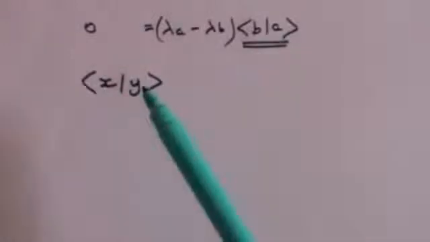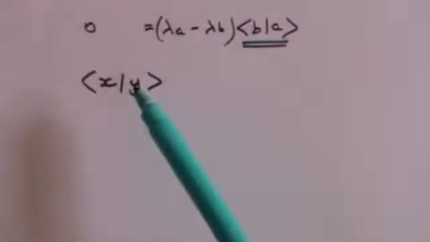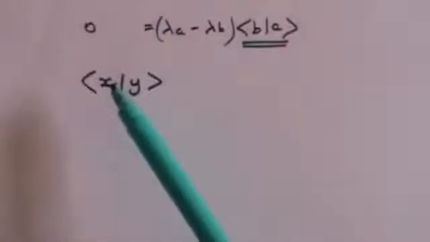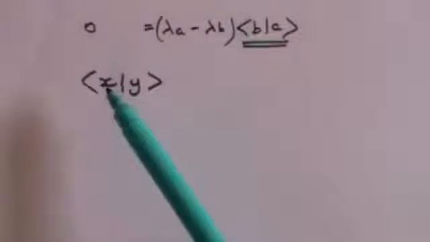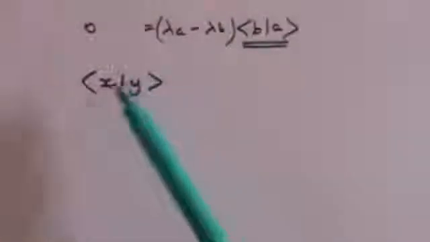What that means is it's the inner product of x with y, and for physics purposes it means that it is a probability amplitude. If you prepare a photon with a polarization of y, what is the probability amplitude that it will go through x? And that is given by this inner product of x with y. That's the probability amplitude.